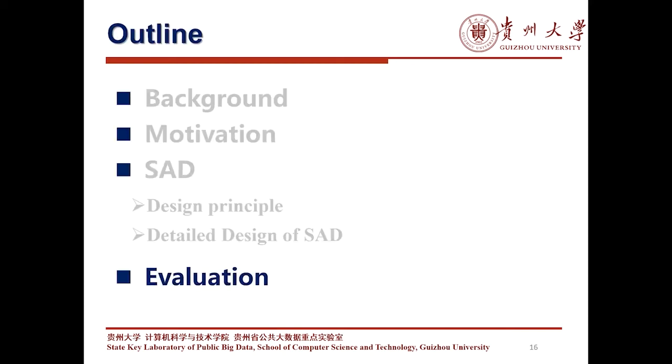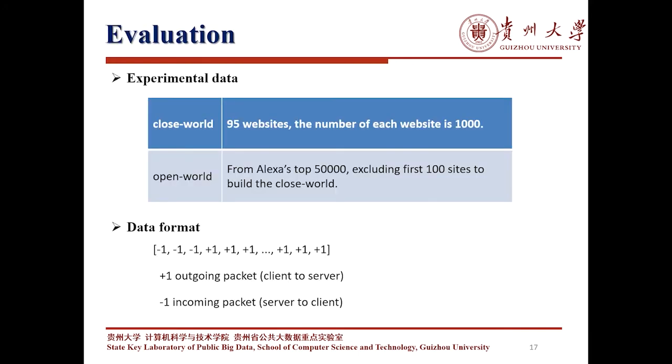Next, let's see the evaluation. I will briefly describe several important experiments. First of all, the data used in all experiments are from Deep Fingerprinting. In the closed world, it contains 95 monitored website data, each with 1,000 pieces of data.